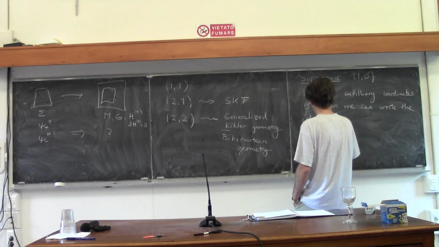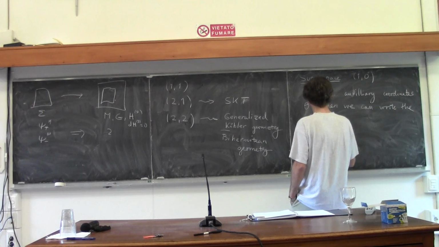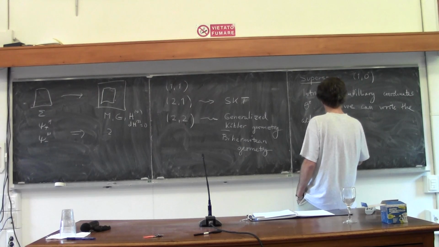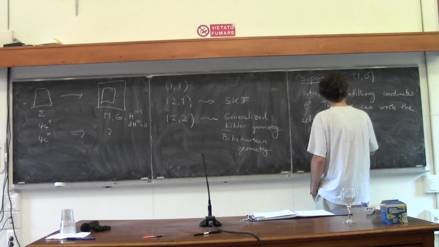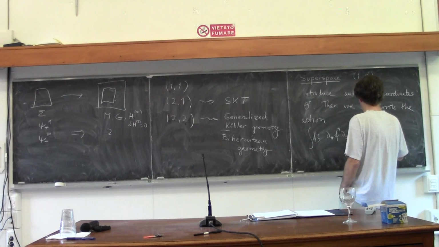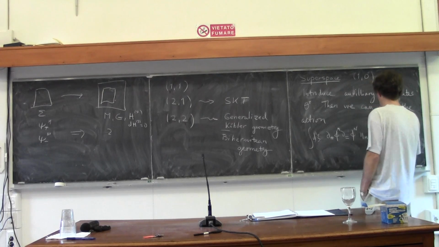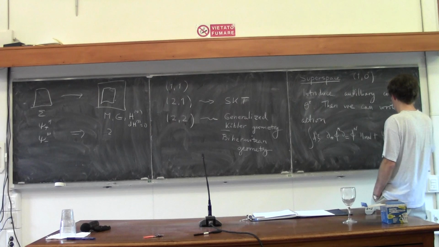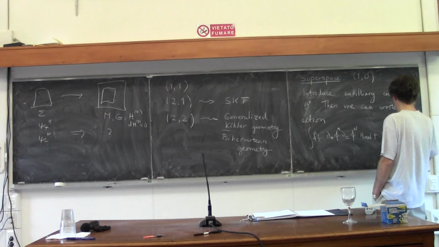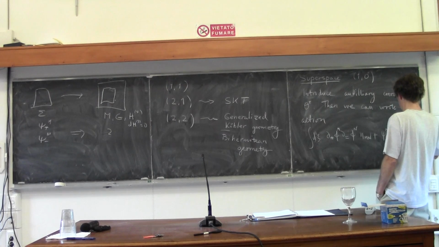So the action which had 1,0 supersymmetry was this action where we just added the plus fermions, no minus fermions. So it was the first case we looked at yesterday.